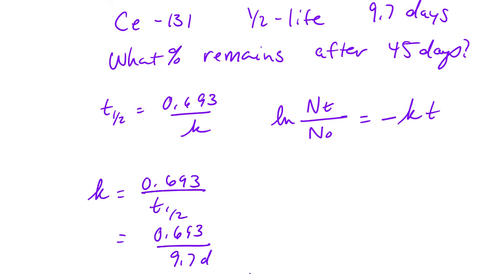All right. Then we can use this rate constant in our rate equation, solve for N sub t. So we're going to have natural log of N sub t over 100, I use 100, so I'll stick with that, equals minus 0.071 inverse days times 45 days.